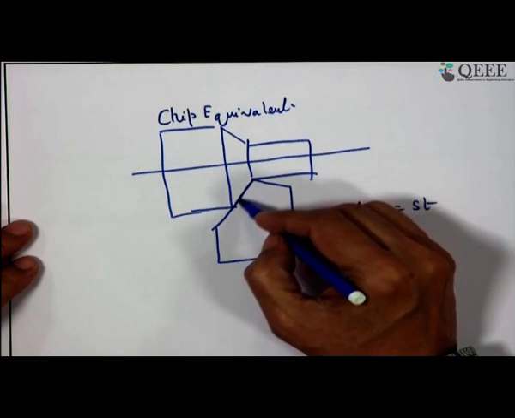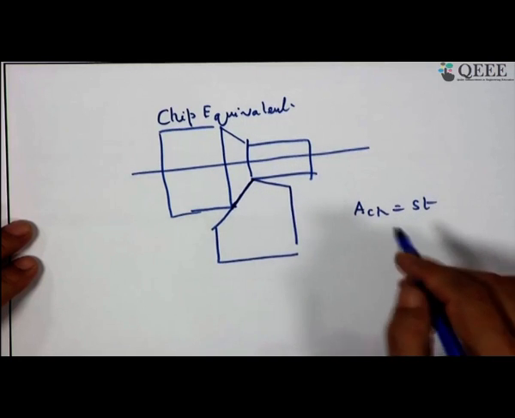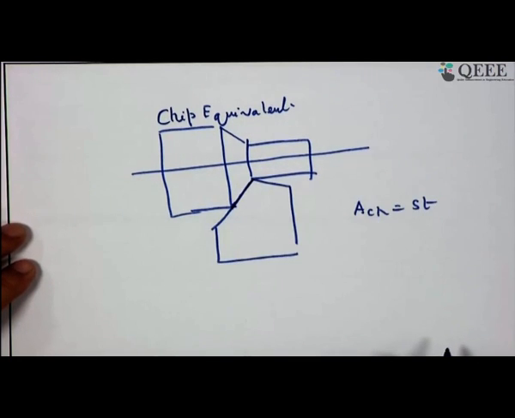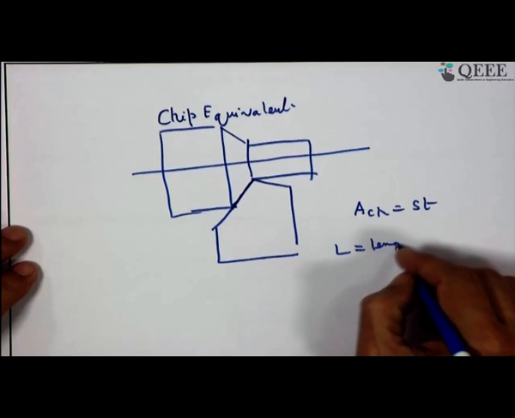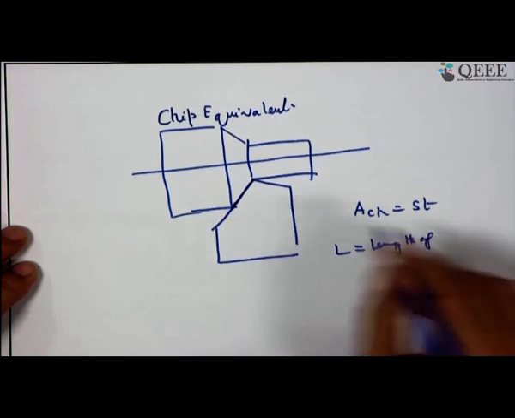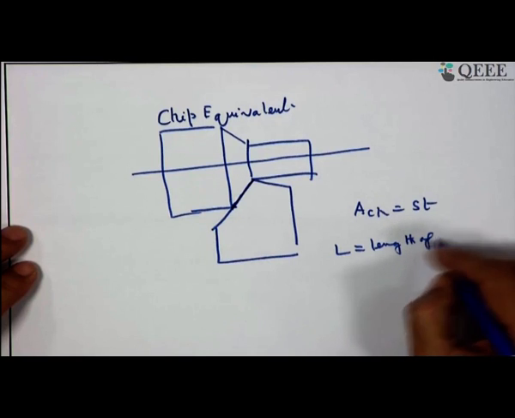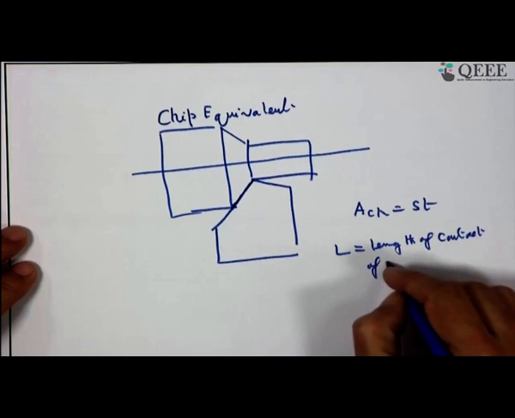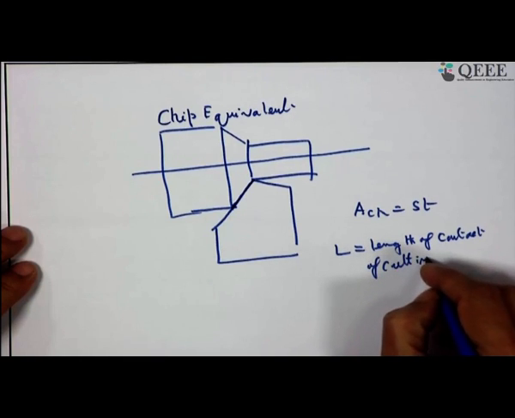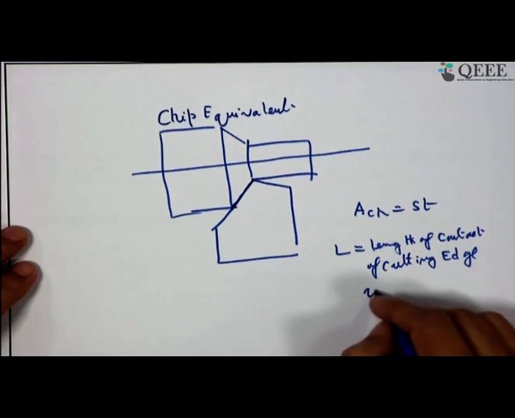So, the perimeter of the cutting edge in contact with the job, that length L, is the length of contact. It is not the contact length with the chip, it is the length of contact of the cutting edge with the workpiece.